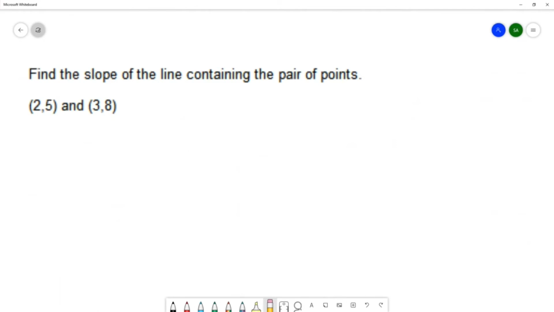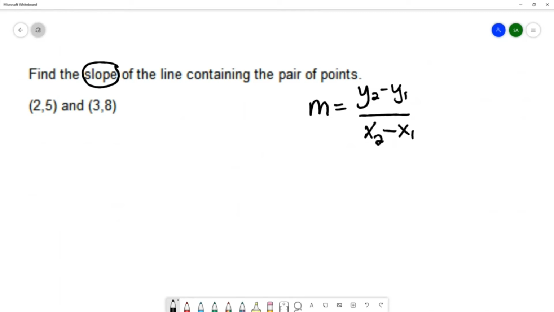For this question, we want to find the slope of the line containing the pair of points. We have a formula, the slope formula, for finding the slope between 2 points. And that formula is m equals (y2 minus y1) over (x2 minus x1). Now, m is the name of the variable that we give for slope.